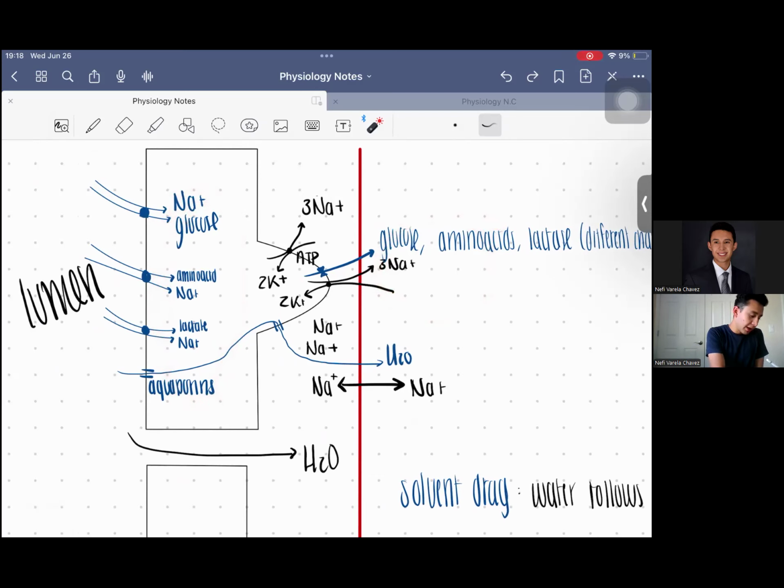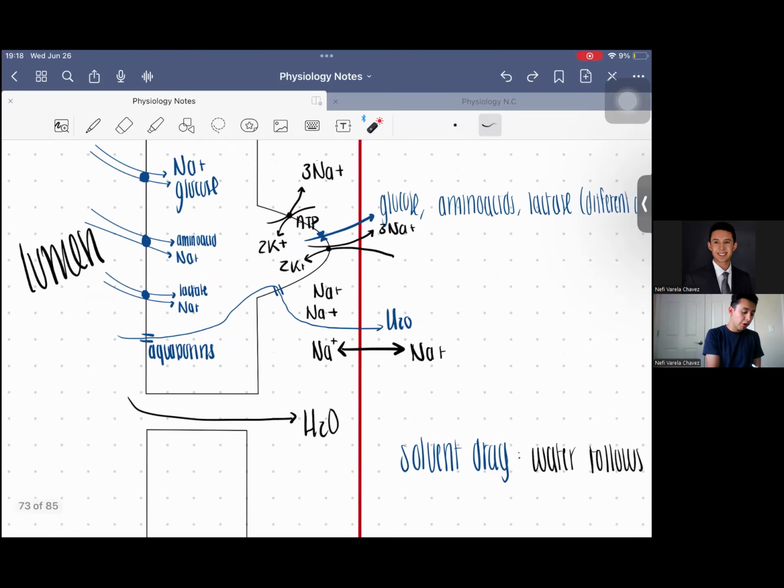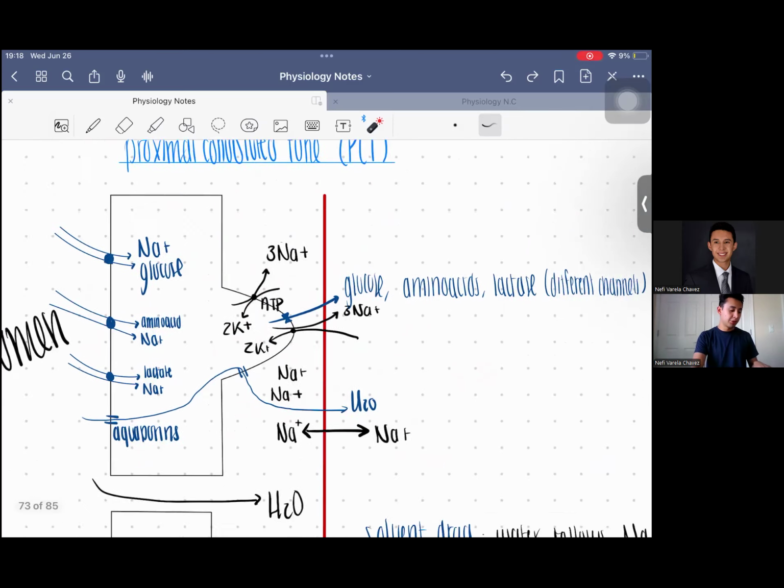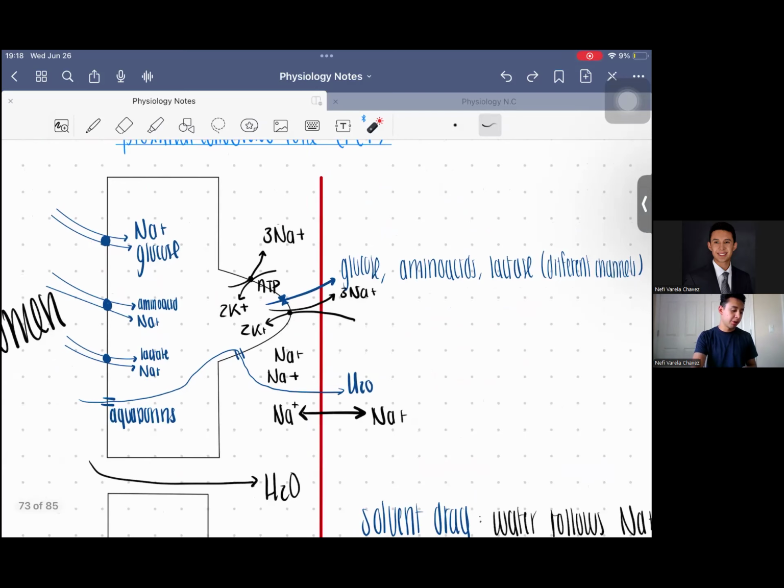Okay, so we're going to see some sodium molecules being transported from the inside to the blood, and also we're going to see some reabsorption of potassium. Sodium is going to move back and forth between the interstitial space and the vasculature. We're going to have special protein channels; for practical reasons I just drew one for all of them, for glucose, amino acids, and lactate.